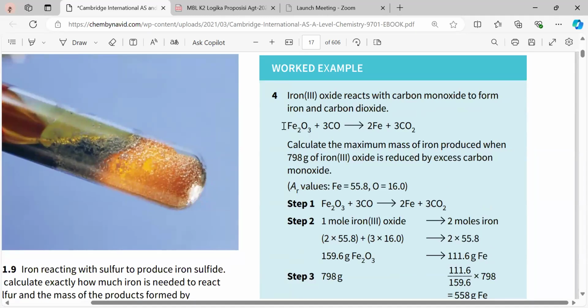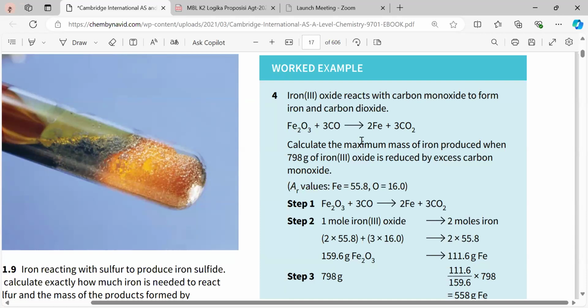We know this equation is balanced because we have Fe2 on the left side, and on the right side we have 2 Fe. So both sides have 2 atoms of iron, so iron is balanced.